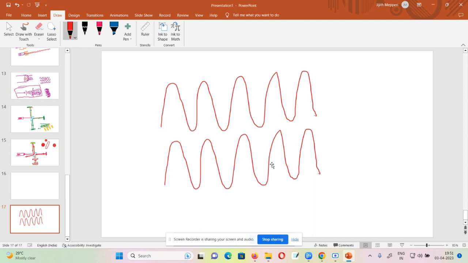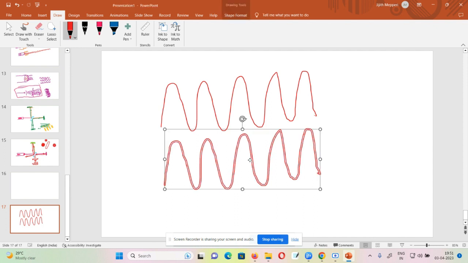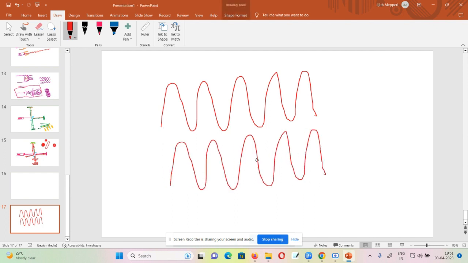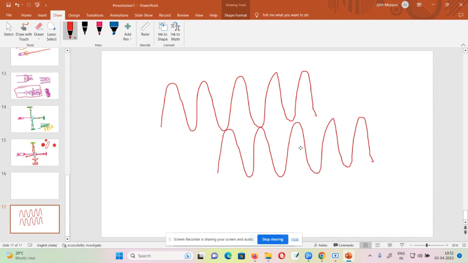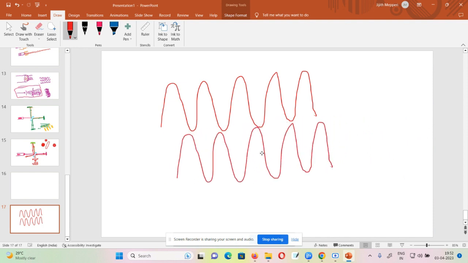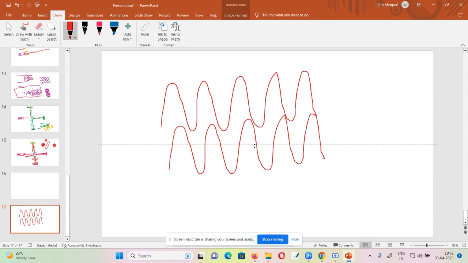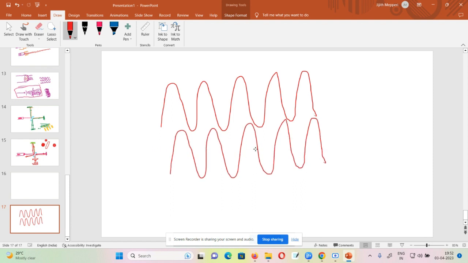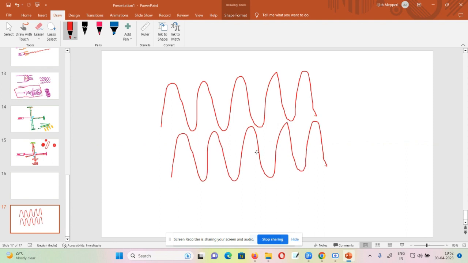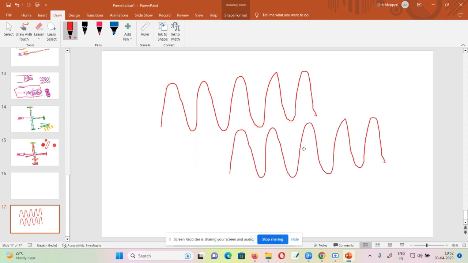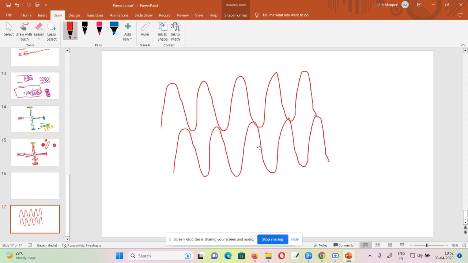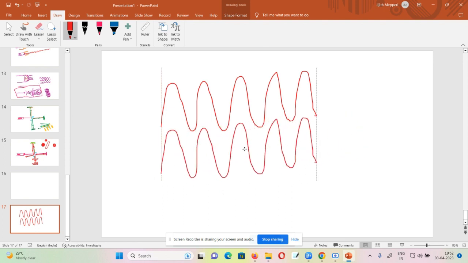Crest and crest, trough and trough superimposition. How is it coming? That's the question. This is coming because one has traveled more and come back, and it is going to sit together. So one is actually traveling more and coming back with respect to another.